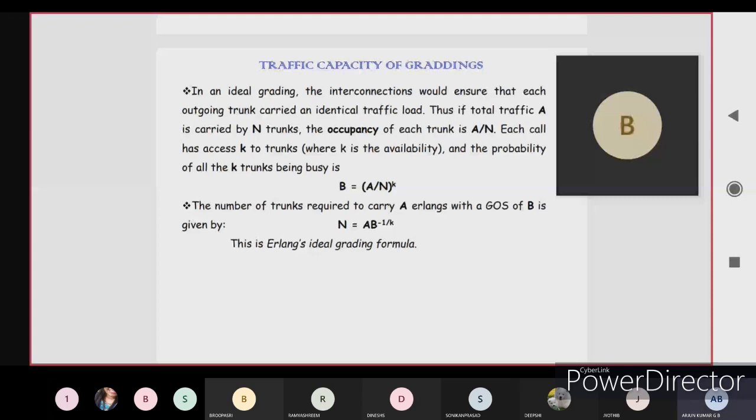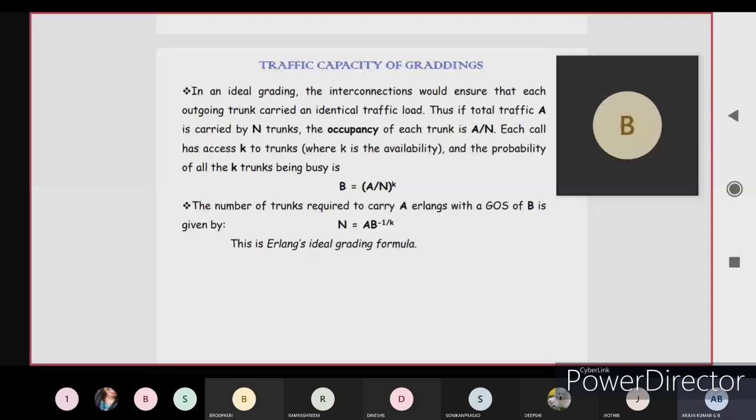In the ideal grading, what happens? Each outgoing trunk interconnection should carry the specified traffic load. Suppose the total traffic is carried by a number of trunks, then what is the occupancy?